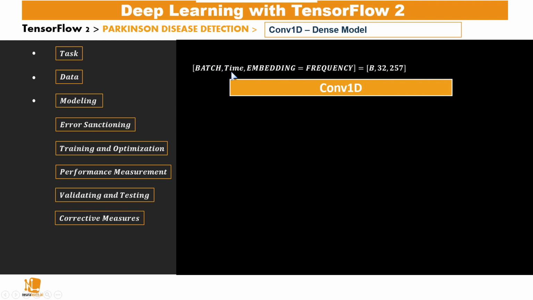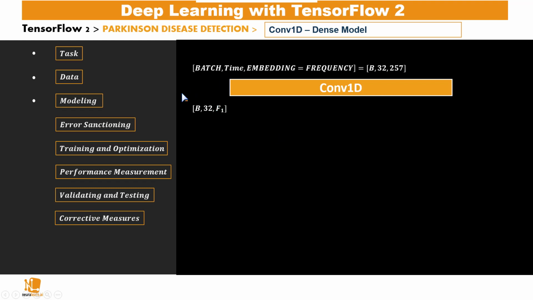So we have batch by time dimension by frequency, which is batch by 32 by 257, passed into the conv1d layer. Now we have this output right here, batch by 32 by f1. f1 is a value which we shall see in the code. So we'll get those values automatically in the code.